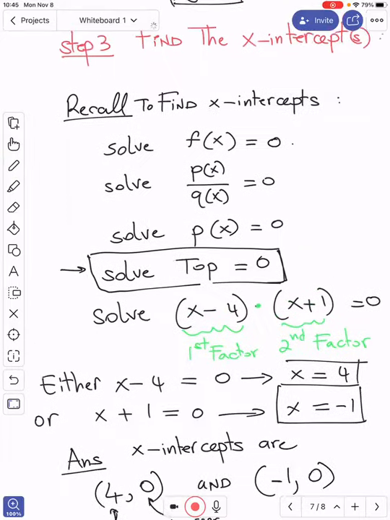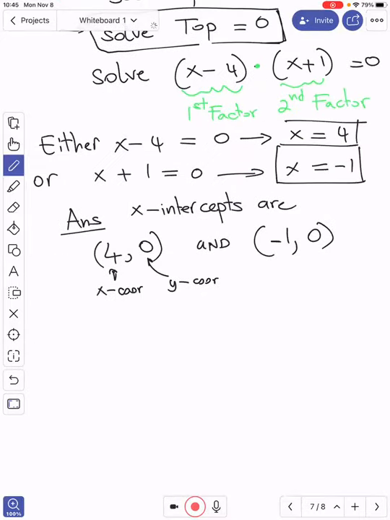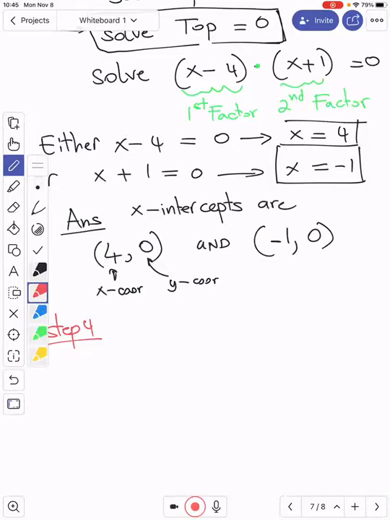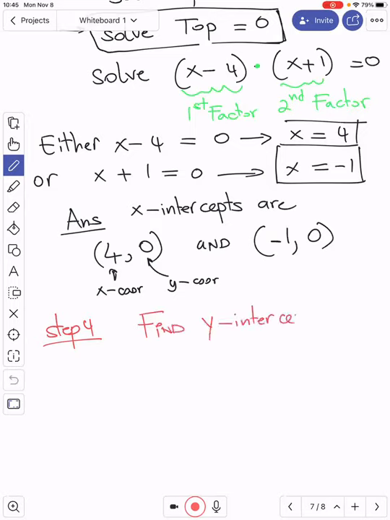Then we're going to need the y-intercept. Step 4: we need to find the y-intercept. To find the y-intercept, all you have to do is plug 0 into the function f. So you have to evaluate f of 0.